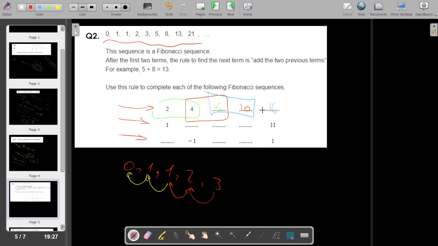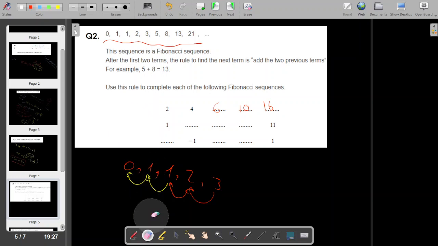So the next two terms are going to be, I'm going to erase all of this, 6, 10, 16.